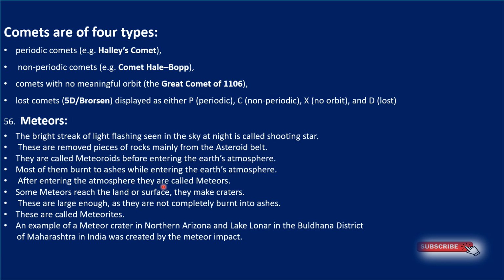After entering the atmosphere, they are called meteors. Some meteors reach the land surface and make craters. These are large enough that they are not completely burnt to ashes. These are called meteorites. Examples are the meteor crater in northern Arizona and Lake Lonar in the Buldana district of Maharashtra in India, created by meteor impact.